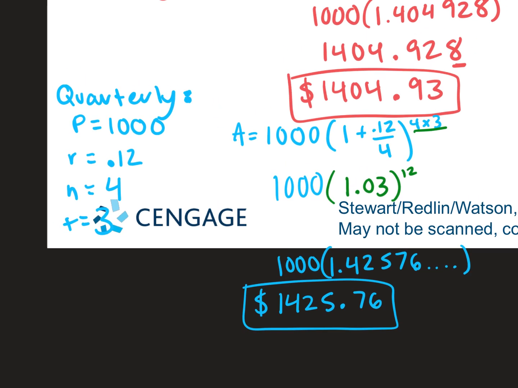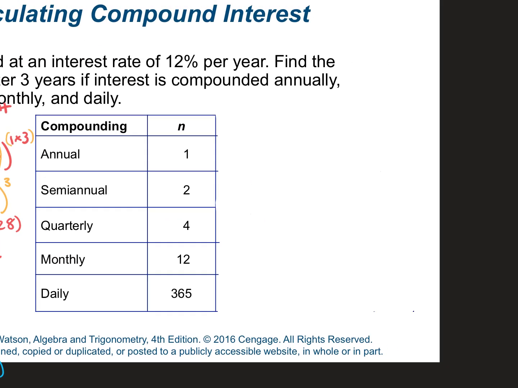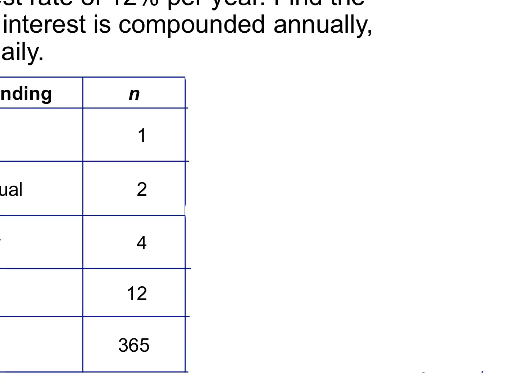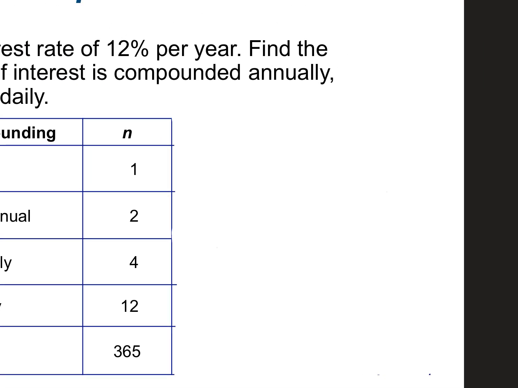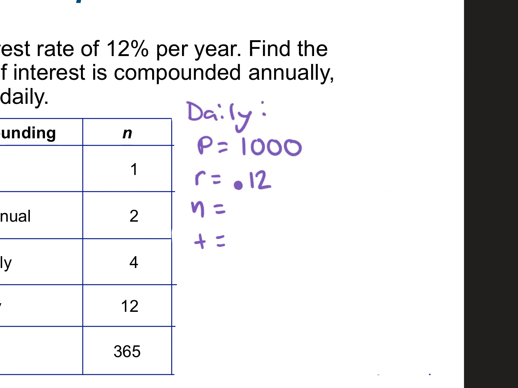All right, let's do one more. Let's do daily. So daily we need to know P, R, N, and T. What's our P? 1,000. What's our R? 0.12.